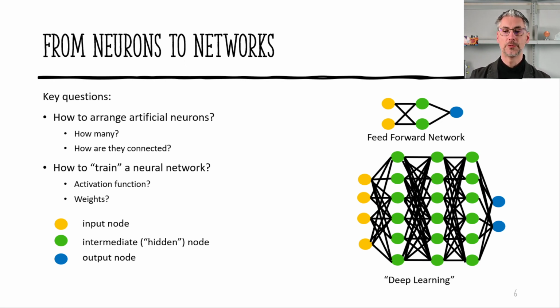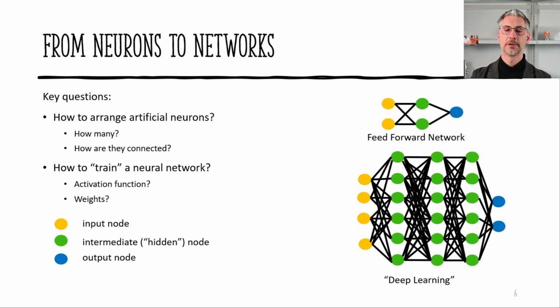That means how many do we have and how do we connect them to each other? And then obviously we need to have a means to train this neural network, and there we have to address the questions that we will focus on: what we do with the activation function and how we have these weights in the abstract concept of the neuron where we combine the input from the others.